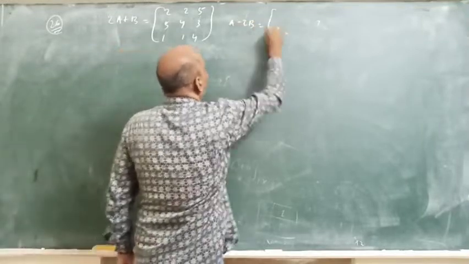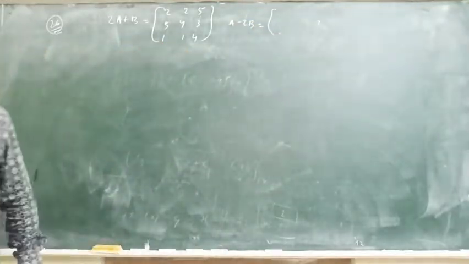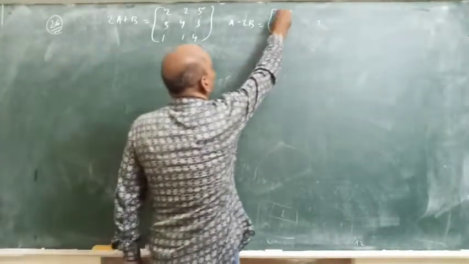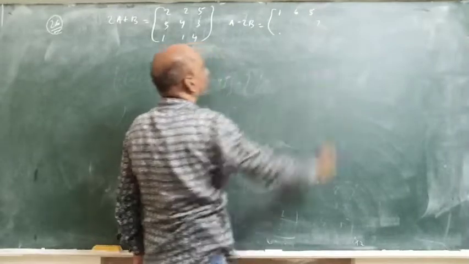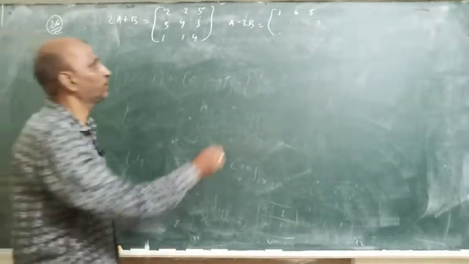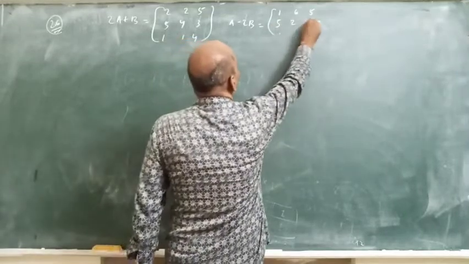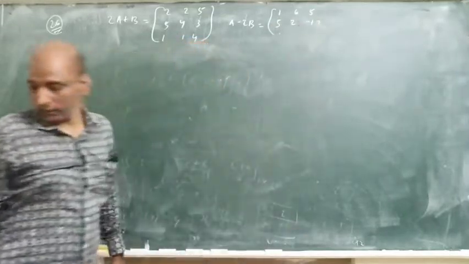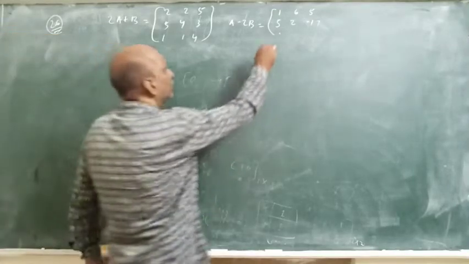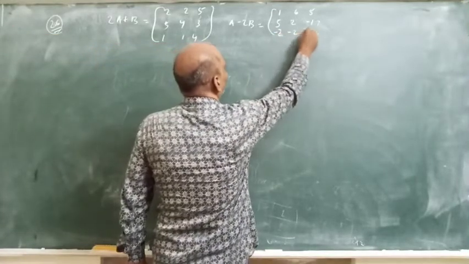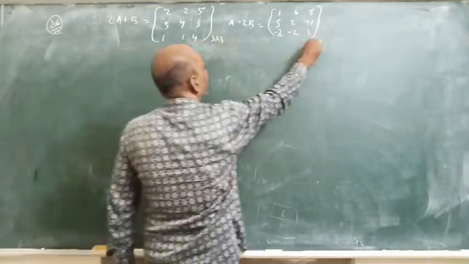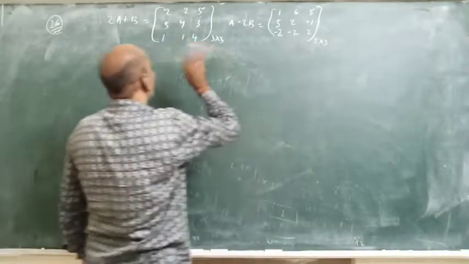A minus 2B is also given: 1 6 5, 5 2 minus 1, minus 2 minus 2 2. Okay, it is a 3 by 3 matrix. It is also a 3 by 3. Find AB.